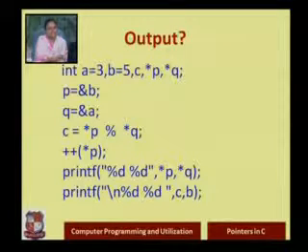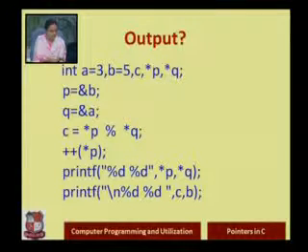If I access b as *p, I will get 6. So the value of *p is 6. What will be the value of q? I have not changed any value in q, so it will be displayed as 3. So 6 and 3.